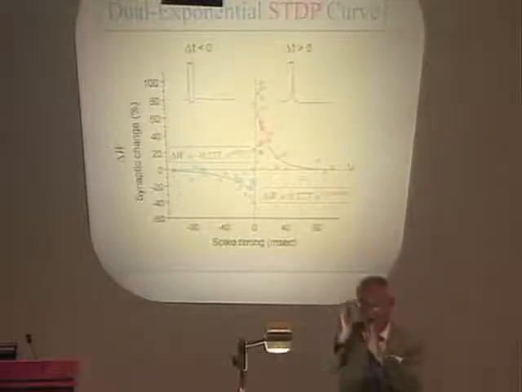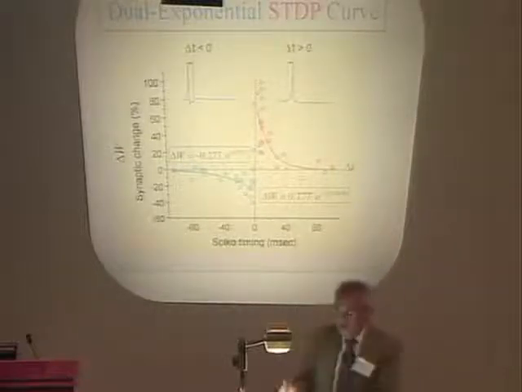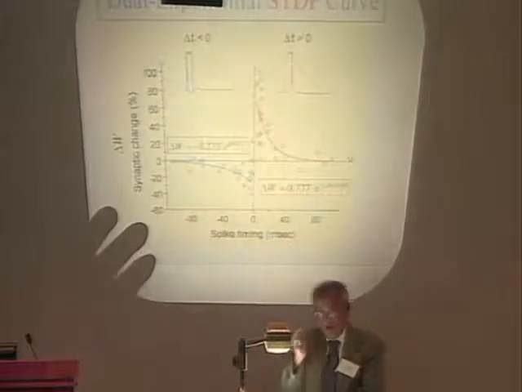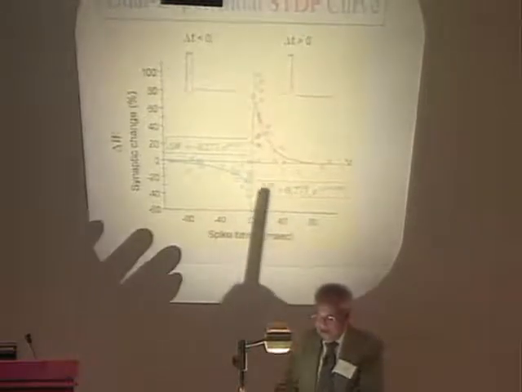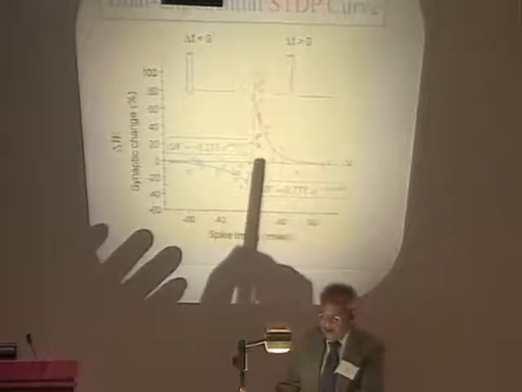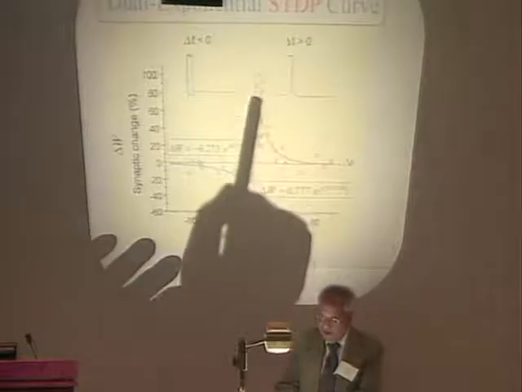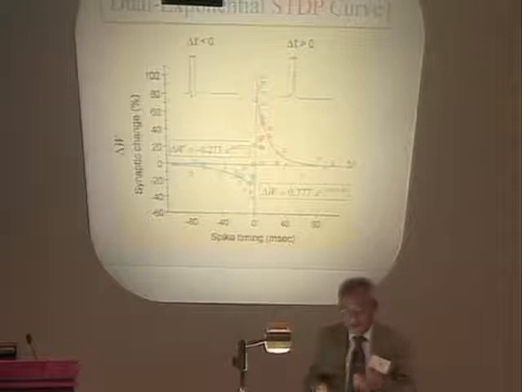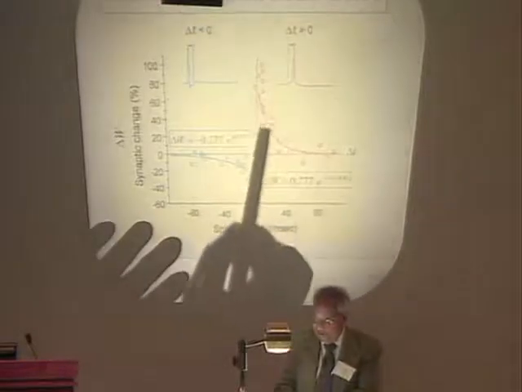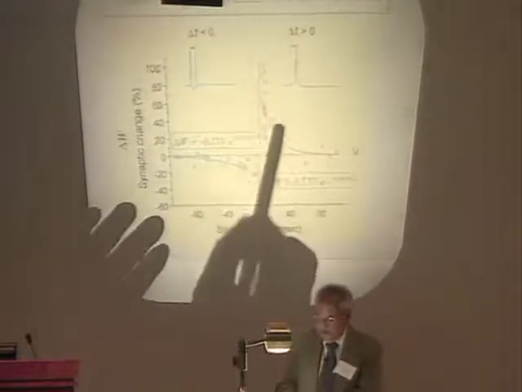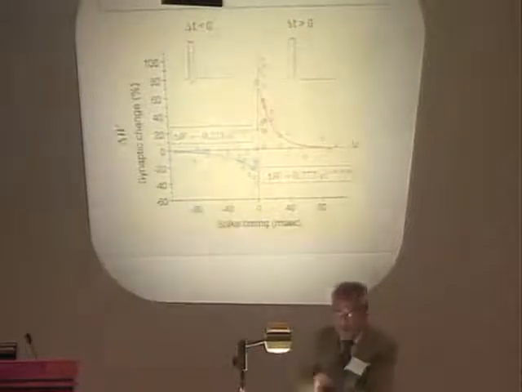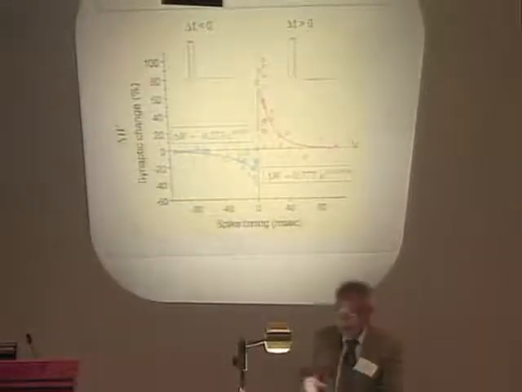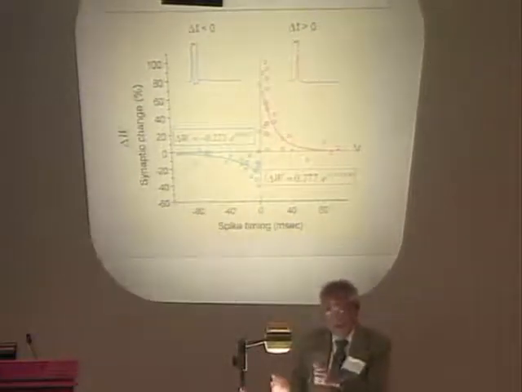It all depends on whether you are ahead or behind. If you are ahead, and as long as you're within the 20 millisecond window, you will learn. The best is when you are exactly coincident, then you have maximum learning, meaning that you would grow more protein in some sense. As you get a little bit away, you grow less. Whereas if you are behind, which means it's not important, it would actually be negative. It actually inhibits the synapse.